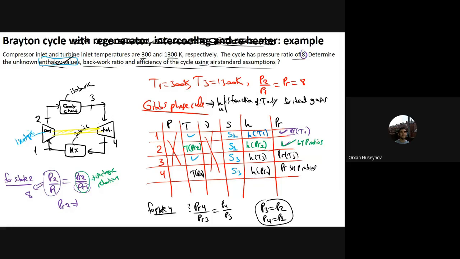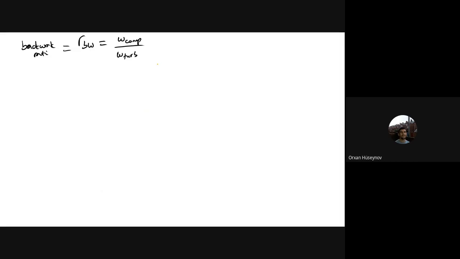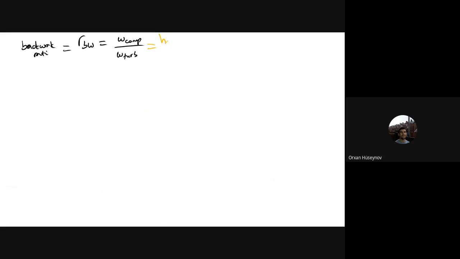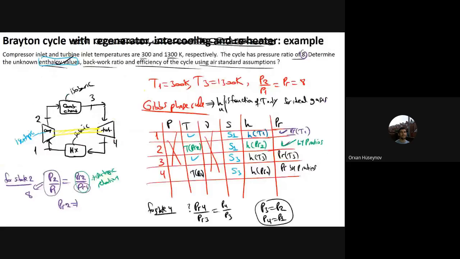So the compressor work will be H outlet, the higher enthalpy, H2 minus H1, divided by the work of the turbine. Again, by using the first law, you will have H3 minus H4.